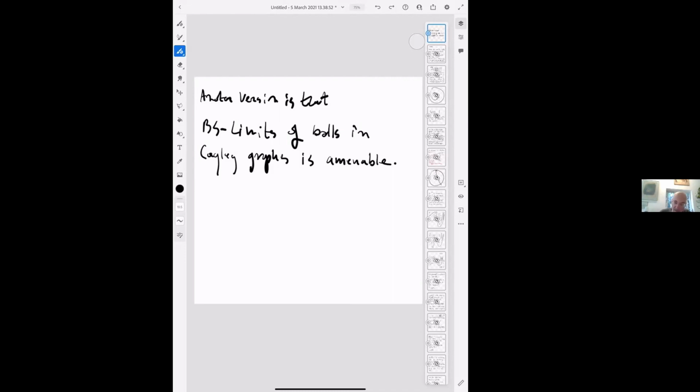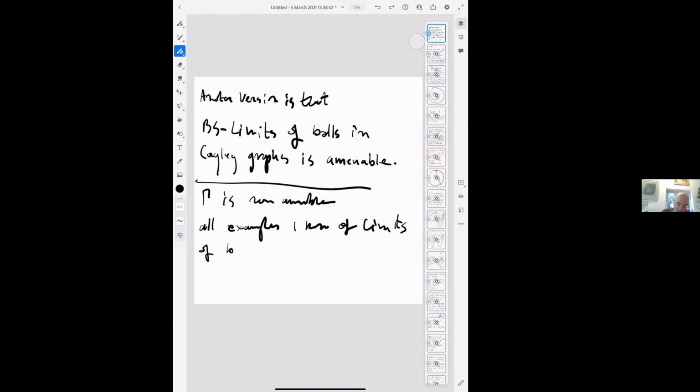Also, all the examples, if I take balls, all the examples I know of limits of balls, if gamma is non-amenable... Well, it seems that this notion of taking limits of balls in Cayley graphs, and to understand for which groups the limit of balls is Liouville or for which balls it's recurrent, is totally unclear.